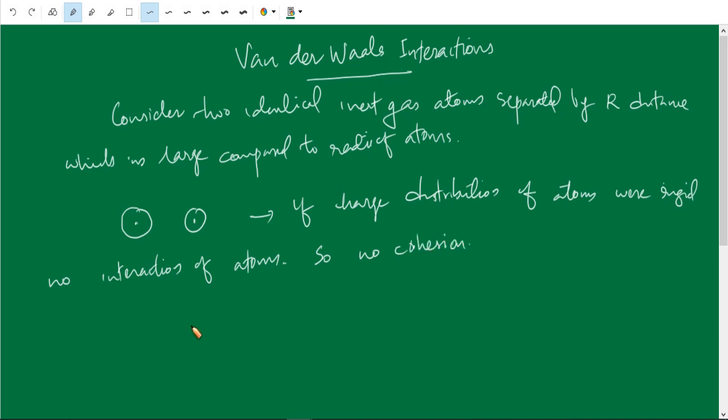But atoms induce a dipole moment in each other, and this causes attractive interaction between atoms. This is called the van der Waals interaction.